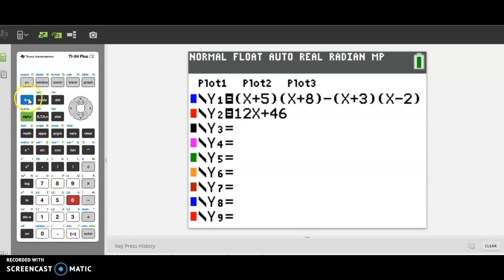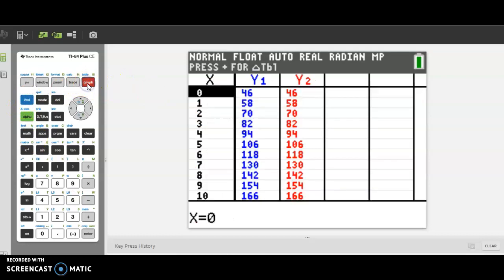And when I go to my table, if these two things are really equivalent, then it shouldn't matter if you use the first equation that was in blue or the red equation that we simplified to. You'll get the same y values no matter what. And if you look at all of them, they're all the same.